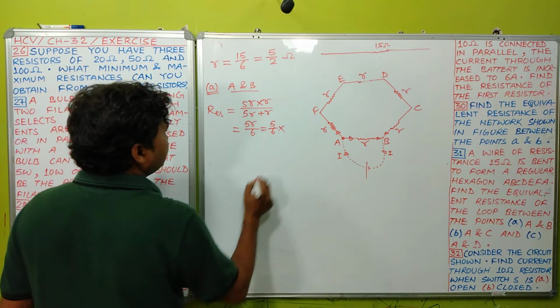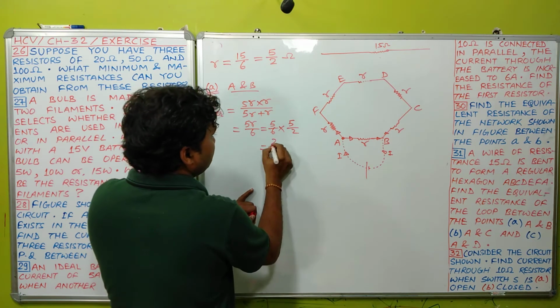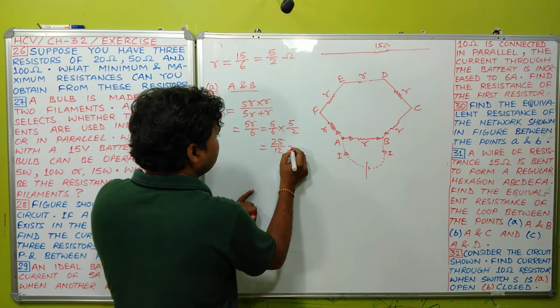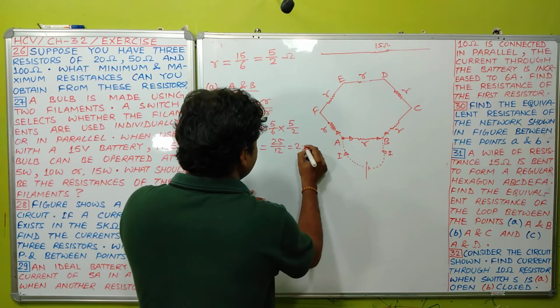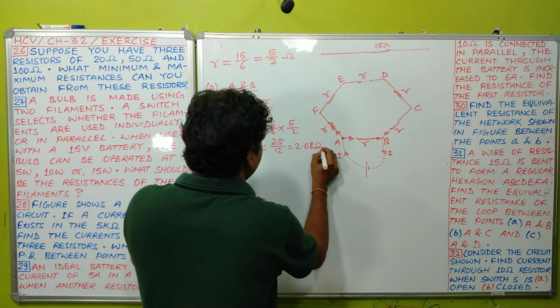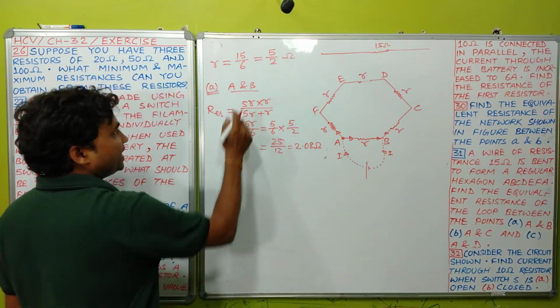Putting small r as 5 by 2, 5 by 6 into 5 by 2 becomes 25 by 12, which is almost 2.0 ohm. That is your answer between A and B.